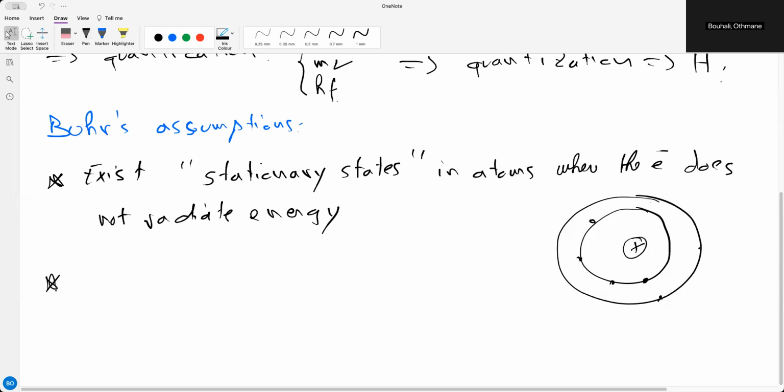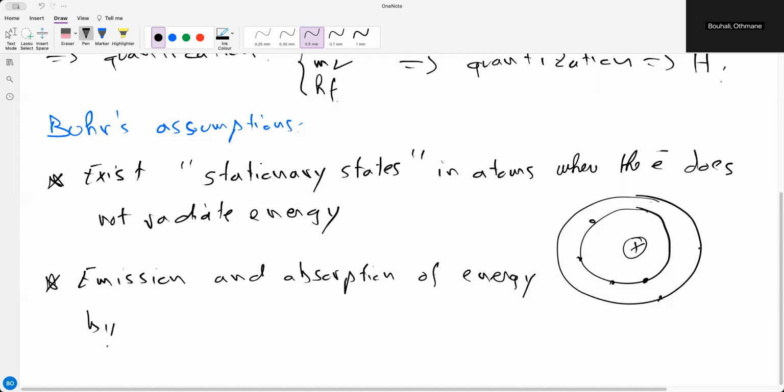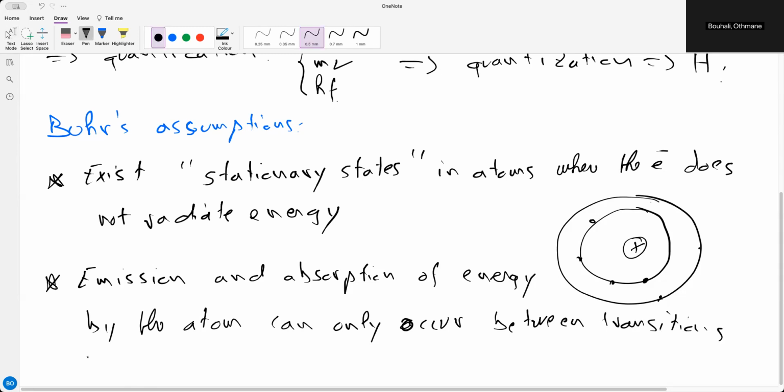The second one: the emission and absorption of energy by the atom can only occur in transitions between those states.